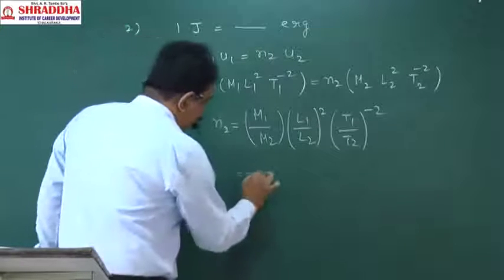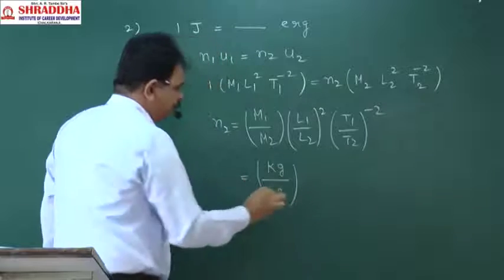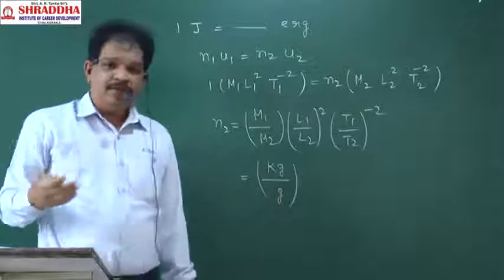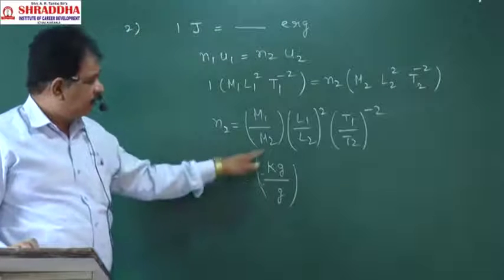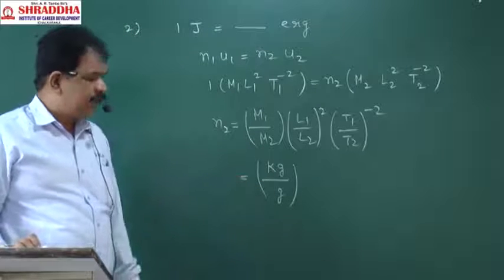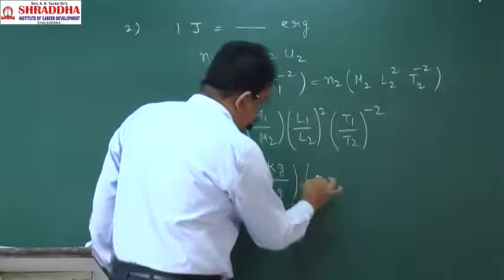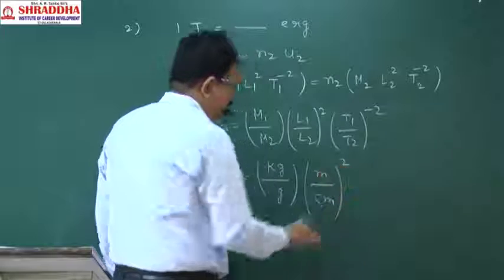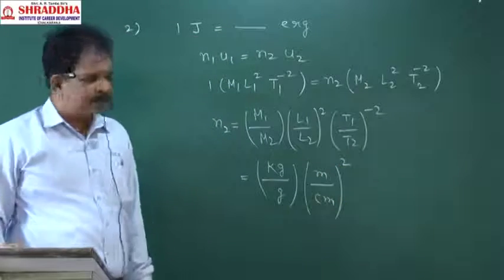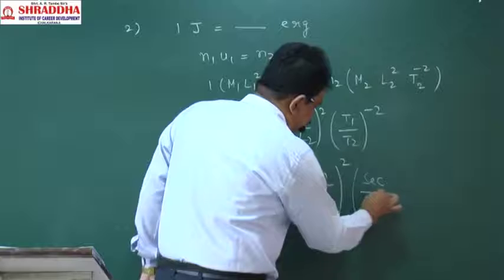So, M1 means kg, M2 means gram. Mass unit in the SI system will be kg. Mass unit in the CGS system will be gram. Next, length unit in SI system will be meter. In CGS system it will be centimeter. Time unit in SI system will be second.